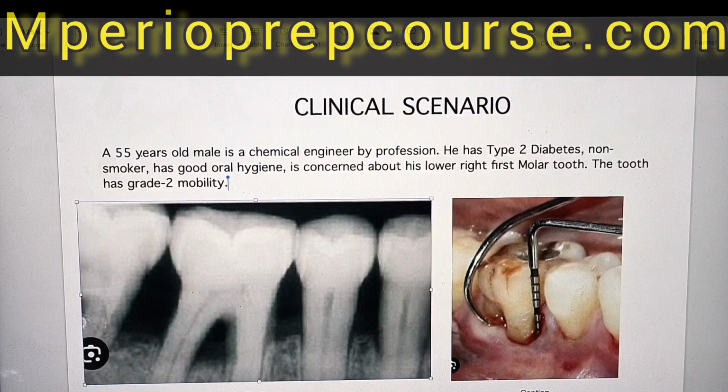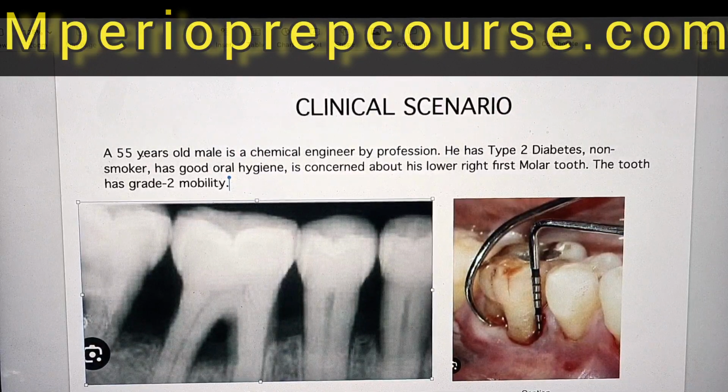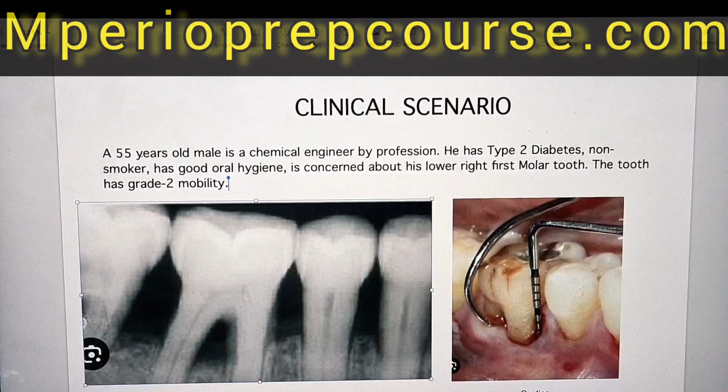Yes, for tunnel preparation, I will first start by giving the patient local anesthesia, and then I will raise a full thickness flap, and then I'll remove the bone and expose the furcation area, and then reposition the flap apically to expose the furcation area.